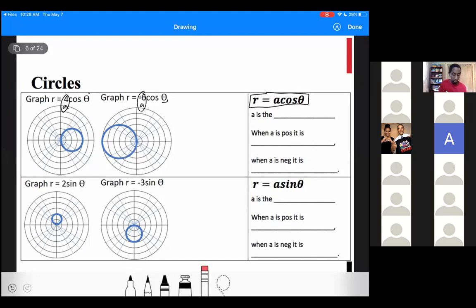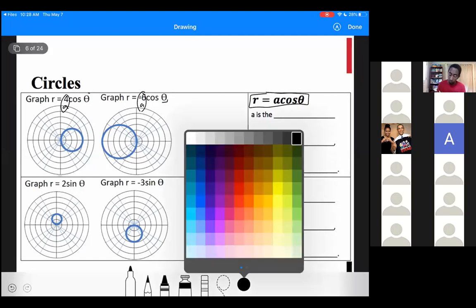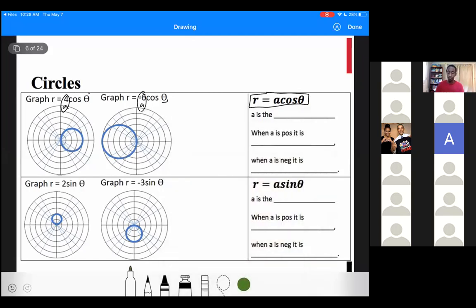What do you think, looking at the graph, what do you think the a might represent? Of the circle. The diameter? Yep, a is going to be the diameter, because here the distance is 4. Here the distance is 6, so we're going to have to take the absolute value of -6, which would be 6, right? So a is going to always be the diameter if it's in this form.